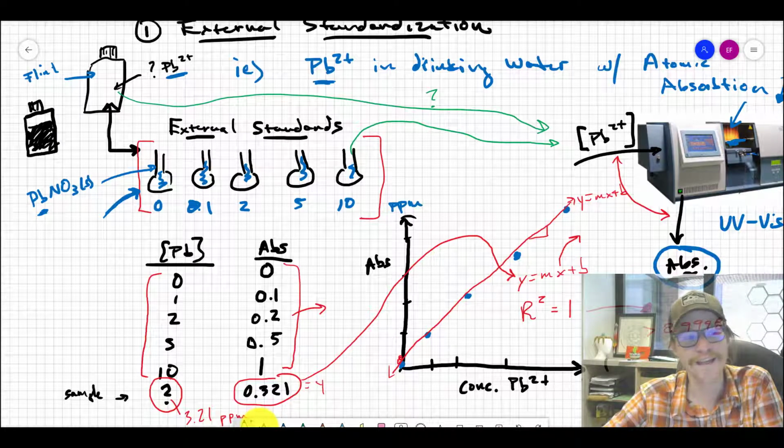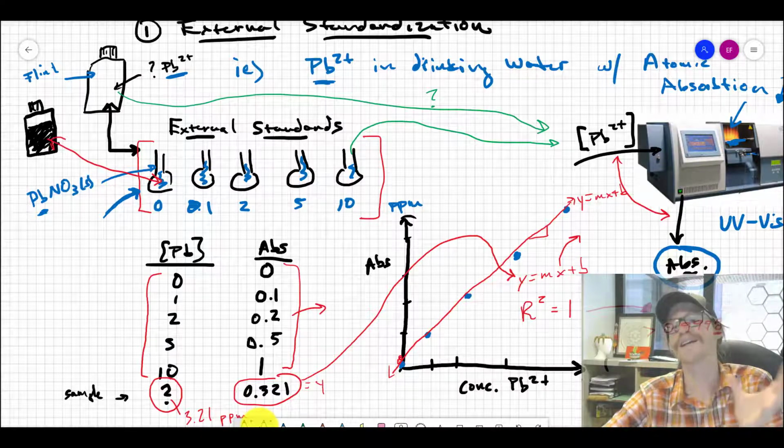Now you have, again, in the lab, you're prepping your standards with pure DI water as the matrix. But in the case of the sludge, you've got all sorts of junk, not just mud and sand and dirt and leftover boat parts and whatever you have. In that case, the matrices between your standards and your sample are drastically different.